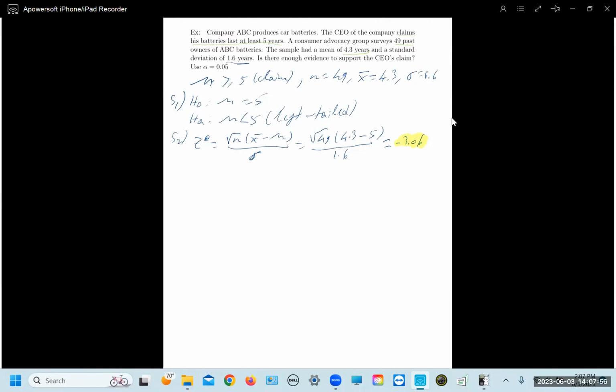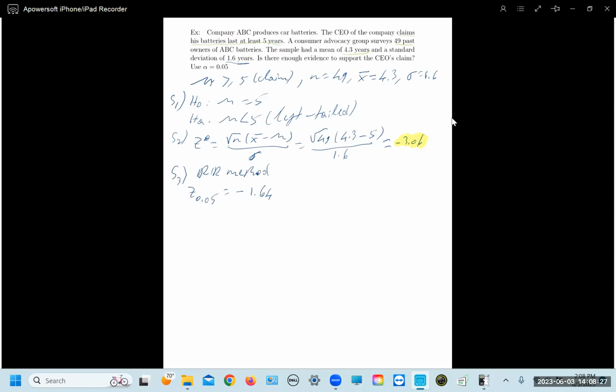So step 3, our method of reject region. Z at 0.05 is minus 1.64, because they already give us.